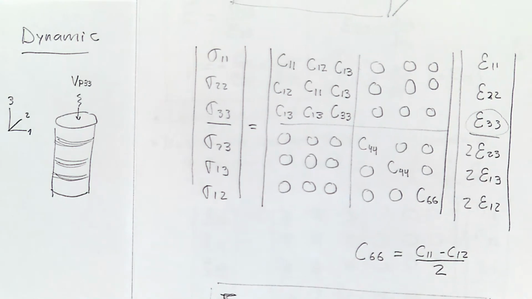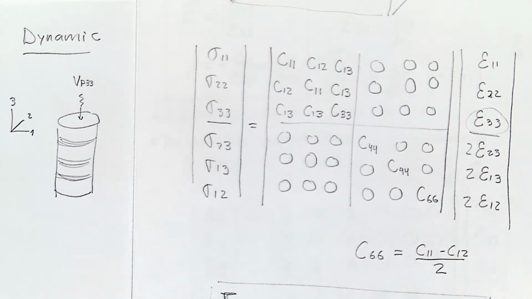My question is, I'm causing perturbations only in epsilon 3, 3 with waves, with an actuator applying variation of sigma 3, 3, and I cause epsilon 3, 3. Which is the proportionality parameter between sigma 3, 3 and epsilon 3, 3 when all the others are 0?